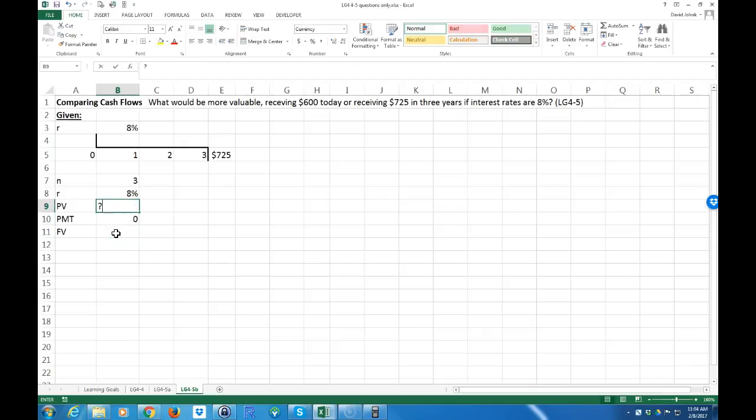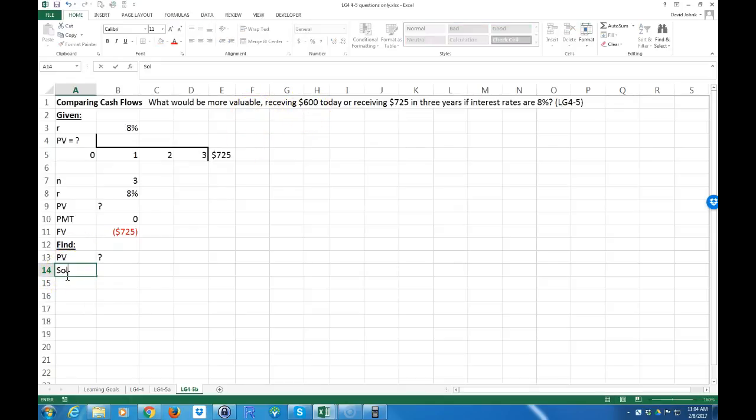Present value is what we want to know, and the future value is equal to negative this. Okay? So for a solution, we want to find the present value. What's that worth? And then once we compare that, we can say, is that higher or lower than the 600?